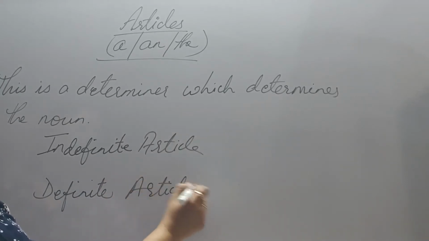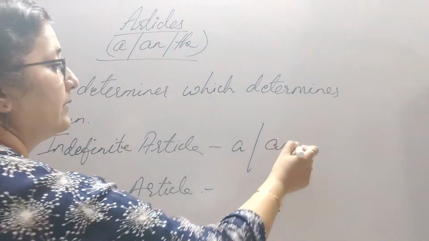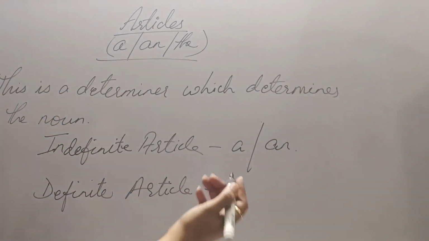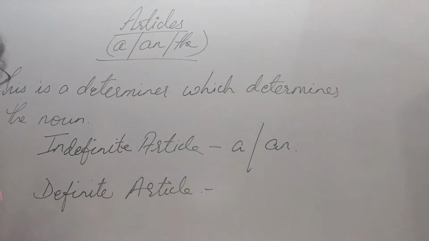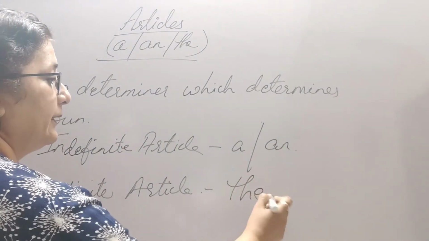I'll tell you the difference between both. Indefinite, where we are not very sure of that article, some noun which we are not very clear about. It can be anything. The is used where it is a definite thing, where it is a definite noun, and we are very sure which one is being used, so we use the here.